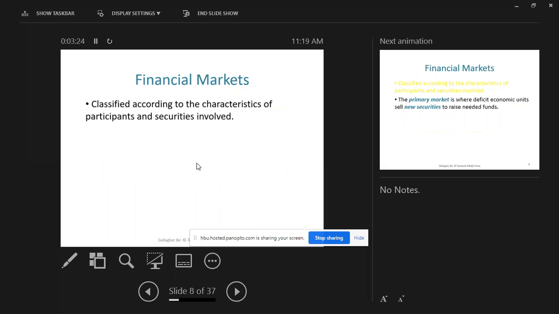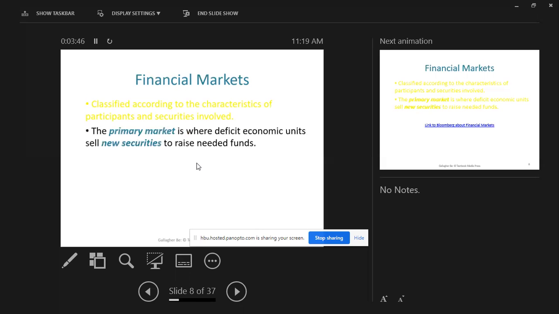Financial markets are classified according to the characteristics of participants and the securities involved. There are two different types of market.